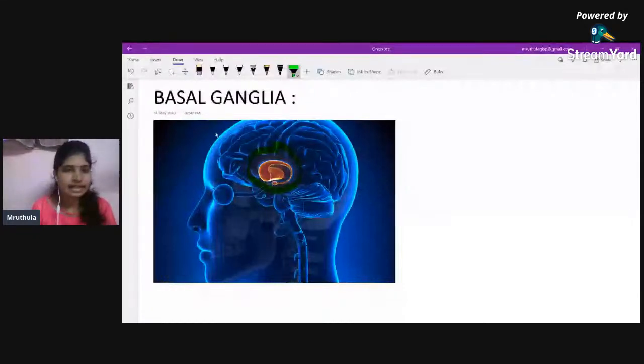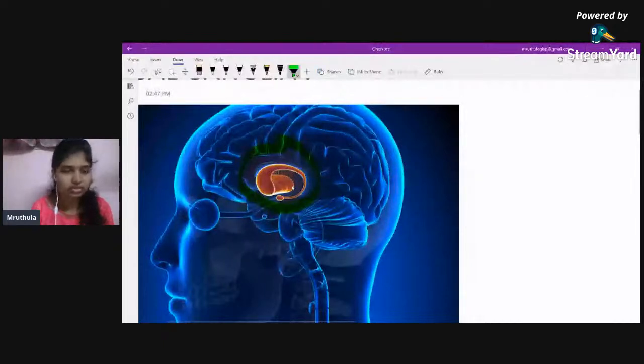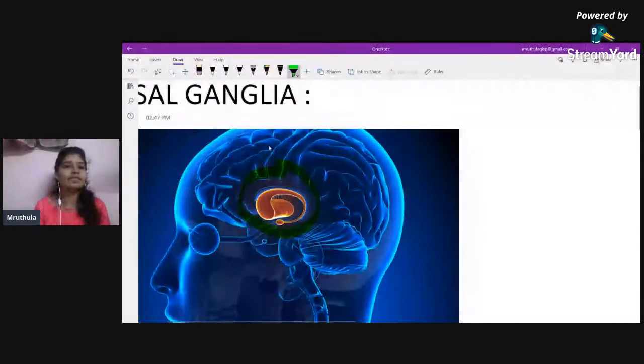Basal ganglia is termed this way because of its composition and its location. First, what is a ganglia? Ganglia are clusters of nuclei or cyton, gray matter present within the medulla of the brain. Let's simplify that.